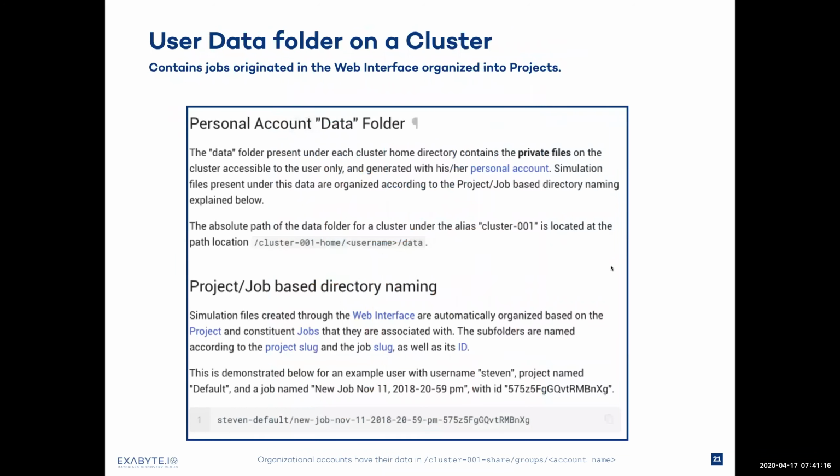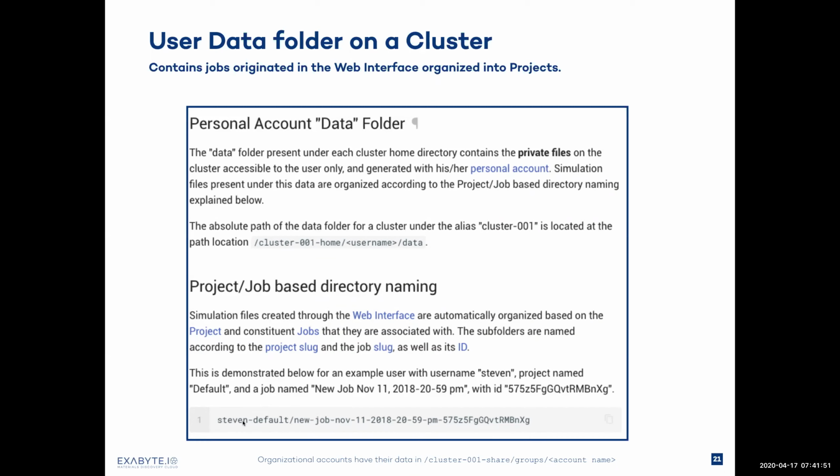There is also the user data folder that organizes the calculations that are performed through the web interface. And this data folder is inside the user home folder. Each calculation that originates on the user interface on the web is stored inside this data folder with a certain naming convention. As you can see here, let's say we have a user whose username is Steven, and they're working inside the project default.